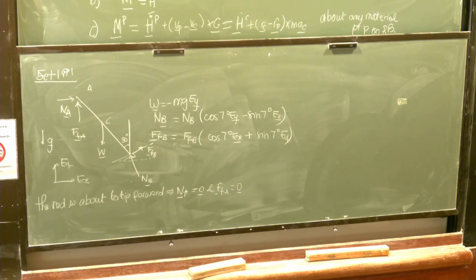If I sum up the moments about B, what is the moment of the normal force at B about B? 0. What is the moment of the friction at B about B? 0. So I hide the moment of 2 unknown forces. That's nice. Then which unknown would I be solving for when I sum the moments about B?